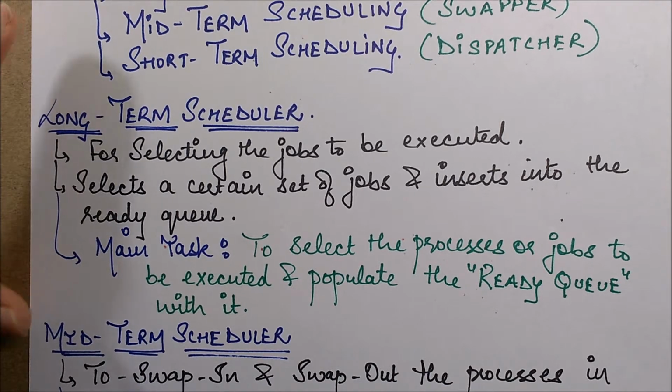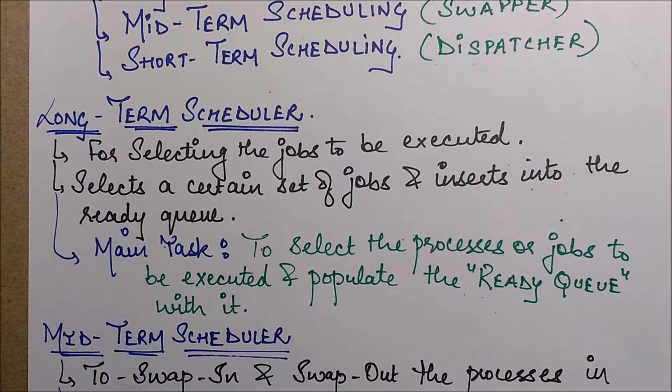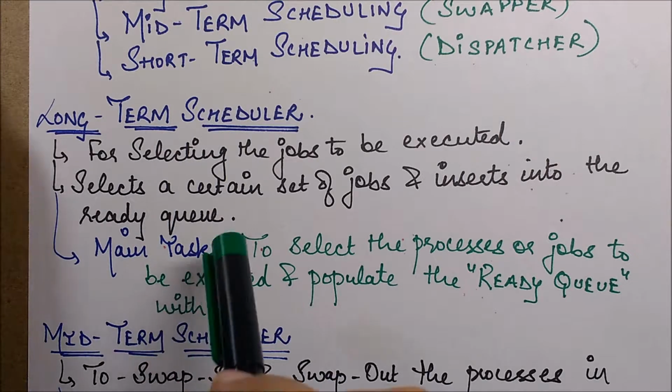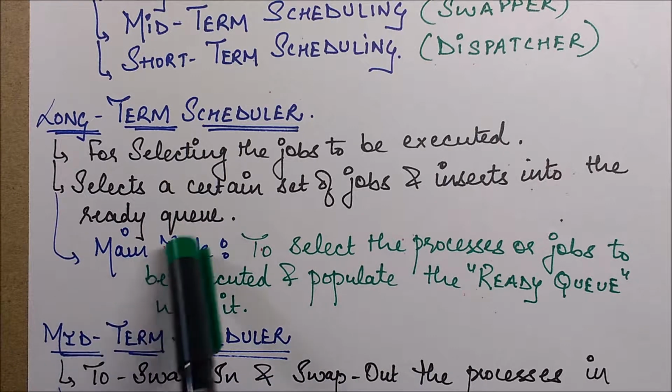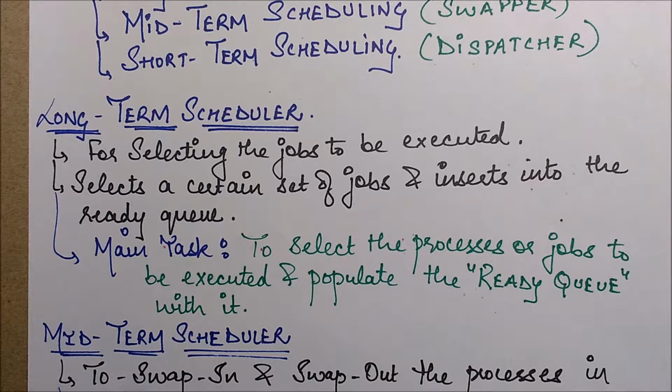Basically it selects a subset of processes and sends it into your ready queue. Its main task is selecting the jobs to be executed, and that's all its task: to select the processes or jobs to be executed and populate the ready queue with them.